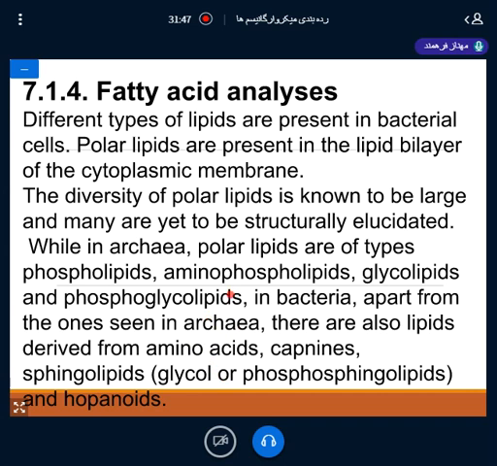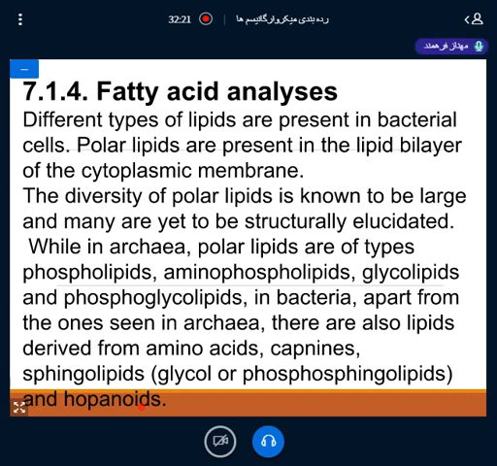Okay, so as I told you, in bacterial cells we have polar lipids, we have phospholipids, but in archaea we have some amino acids, some capenins, sphingolipids, glycolipids or phosphosphingolipids as the most important lipid structures in archaea, and hopanoids also.